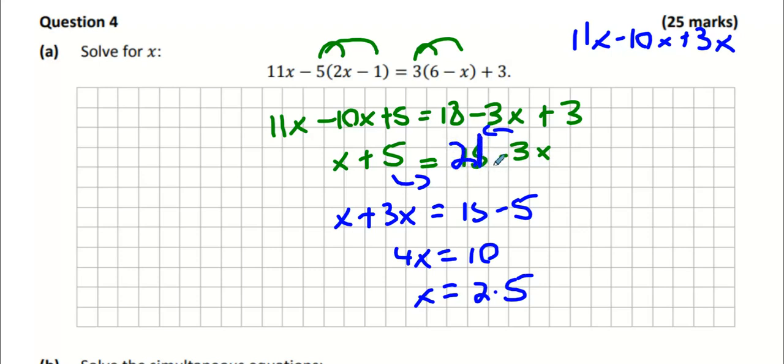That's 21. And 21 take 5 is 16. So x is 4. Anybody else get x equals 4 for that one? So I made one mistake, you made the other mistake. So 18 plus 3 being 21, not 15. All right. You all good with that?